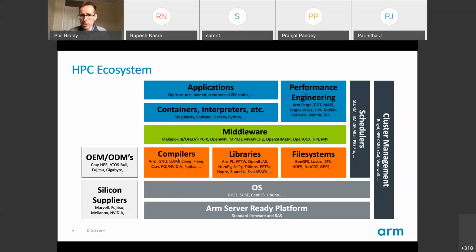They all work on ARM architecture. So basically you have the same choice on ARM as you would for any other HPC system. There's a very large HPC ecosystem.